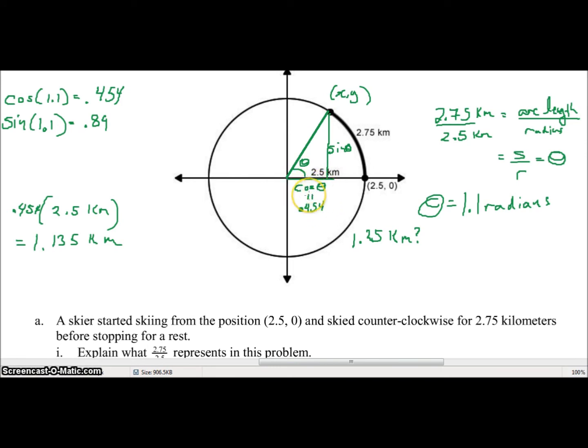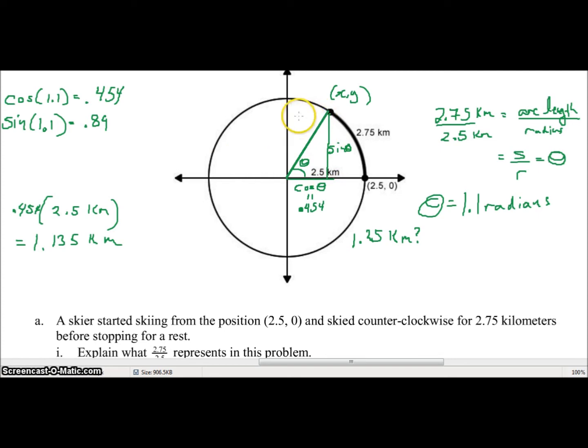This cosine of theta, remember that that's defined on the unit circle. So what it tells you here is that we have 45% of the radius is that distance, 1.135 kilometers. And here sine of theta, that's 0.89.